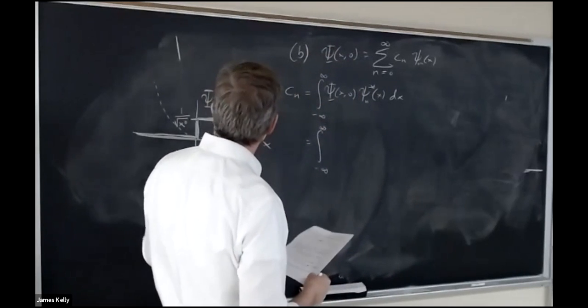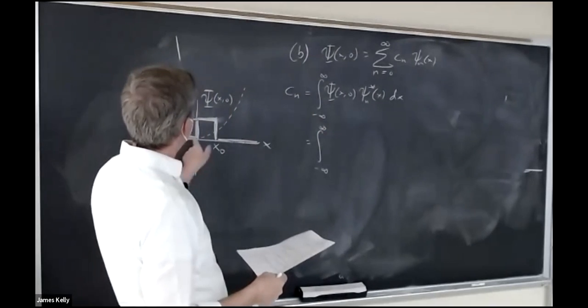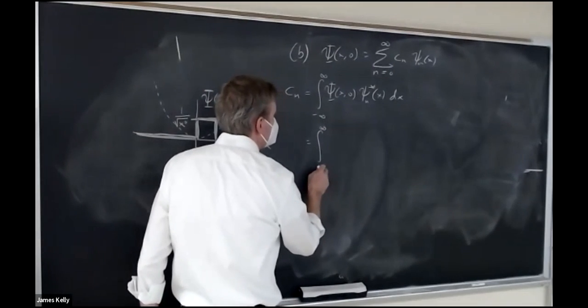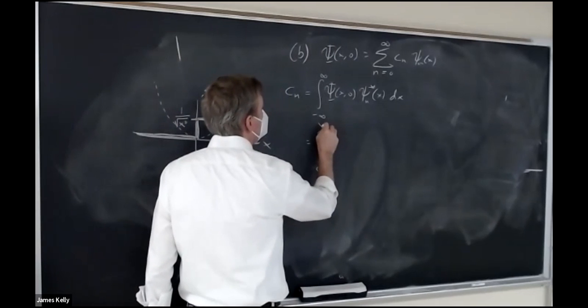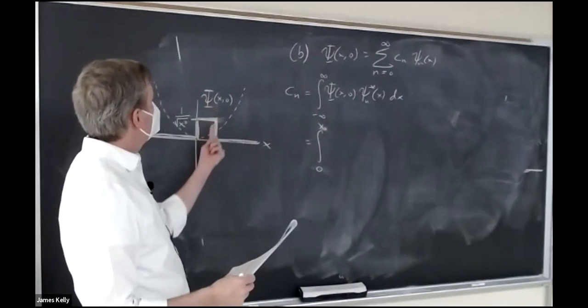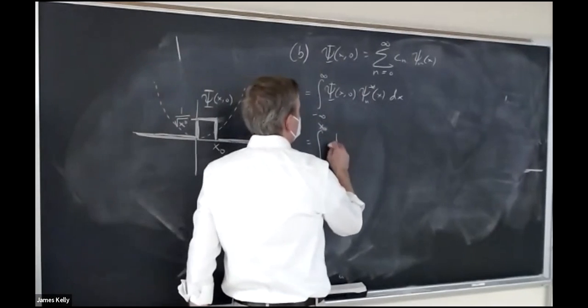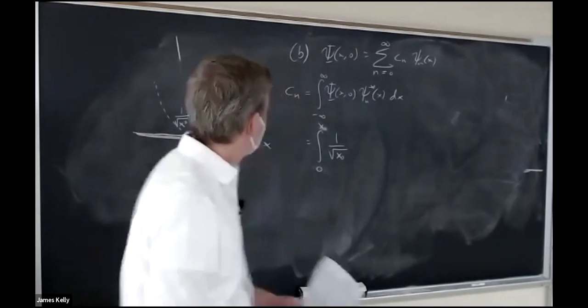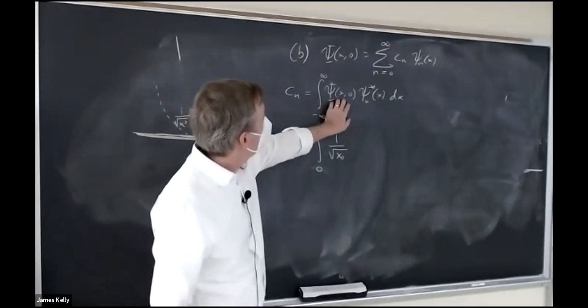Psi of x and 0, let's see, that function is only non-zero between 0 and x0. So that means I can reduce the range of integration to there. And in that region, psi of x and 0 has the value 1 over the square root of x0. So that takes care of this part of doing it.